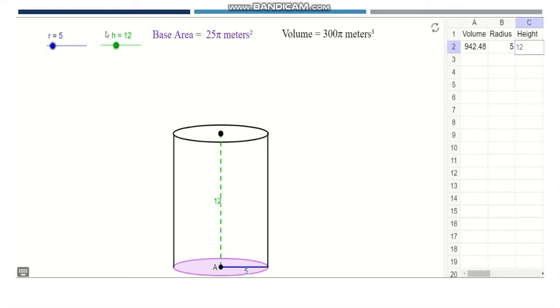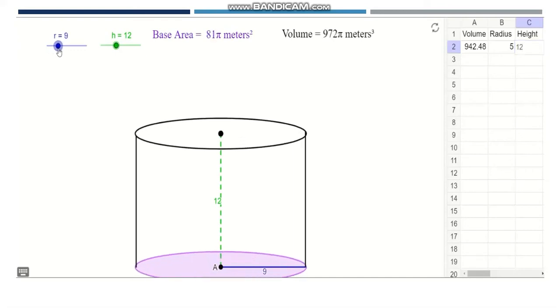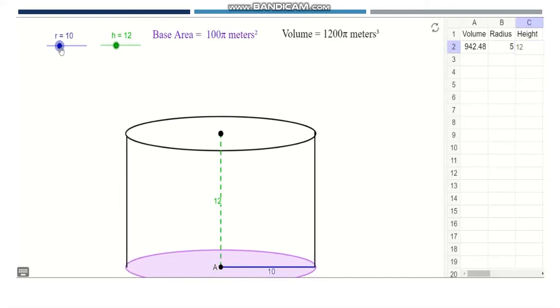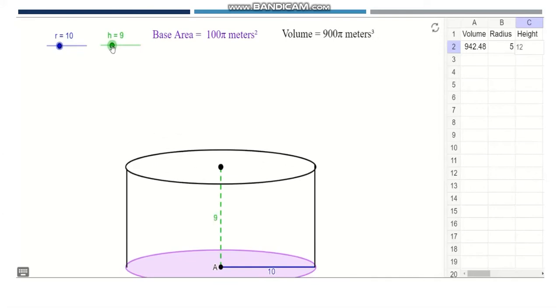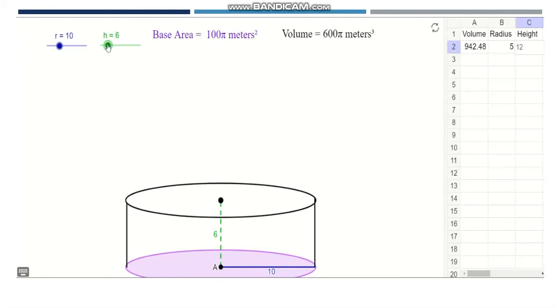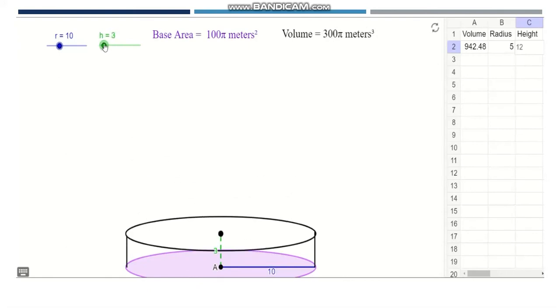The second tank has a radius of 10 meters. Let's do it like 10. And our height is 3 meters. Let's do it like 3. As you see, I think you see the same thing as me. Our volume doesn't change.